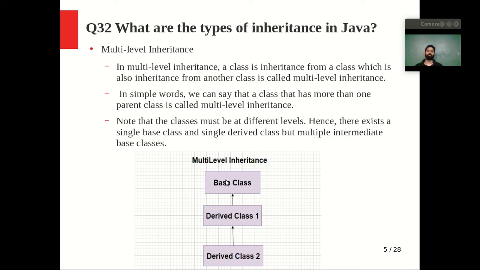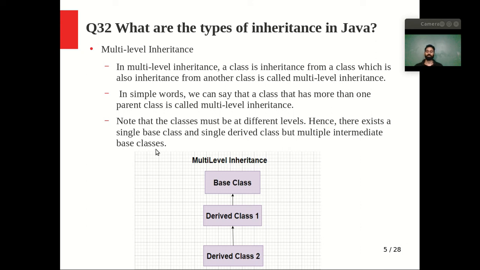So here you have to keep in mind that there will be one base class for every child class, but there can be multiple intermediate base classes. So for derived class 2, the parent class will be derived class 1, and for derived class 1, base will be the parent class, right? So here it's forming multiple levels.